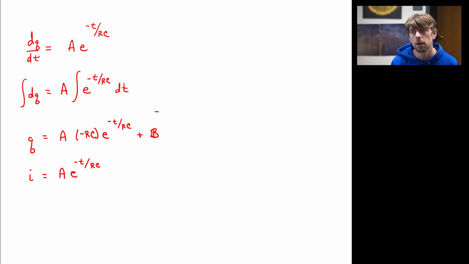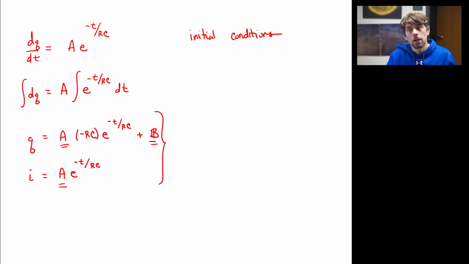But these integration constants, we can't get those by some equation. What we have to do is get those by looking at what are called the initial conditions for the circuit. And that is where we take the math result, what I have displayed on the page for you, and apply it to our actual circuit that we're dealing with.